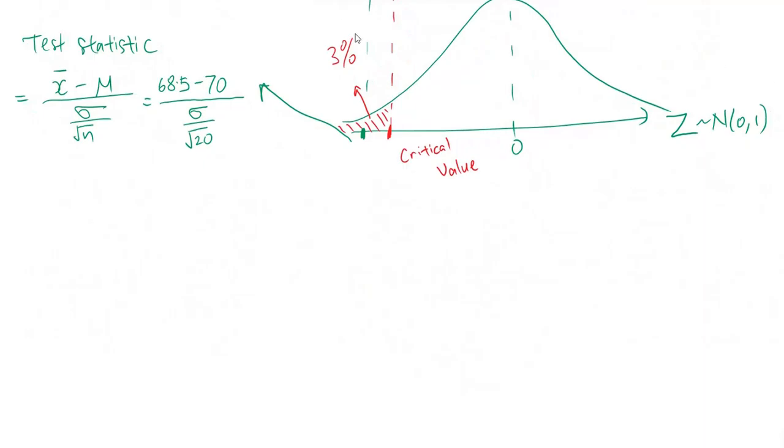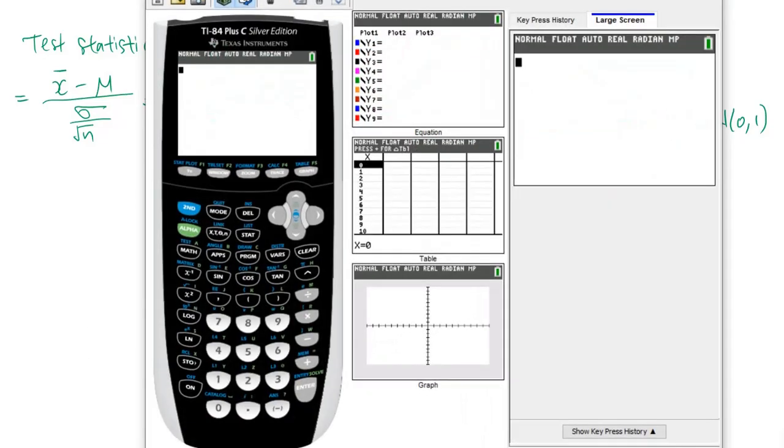So how do we find the critical value? We just need to do inverse norm, because we have the area. The area is 0.03, that's 3%, and the mean and the standard deviation will be 0 and 1, because this is the Z graph, the standard normal graph. Let me use my calculator here.